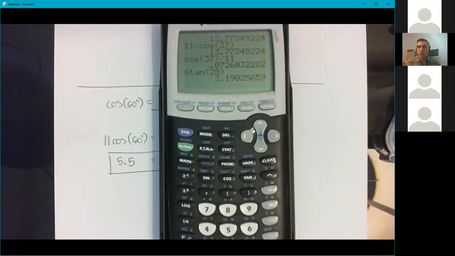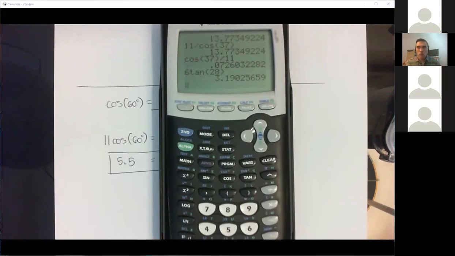Okay, yeah. What model do you use? The Texas Instruments 30X Roman numeral 2S. Oh, that's good.